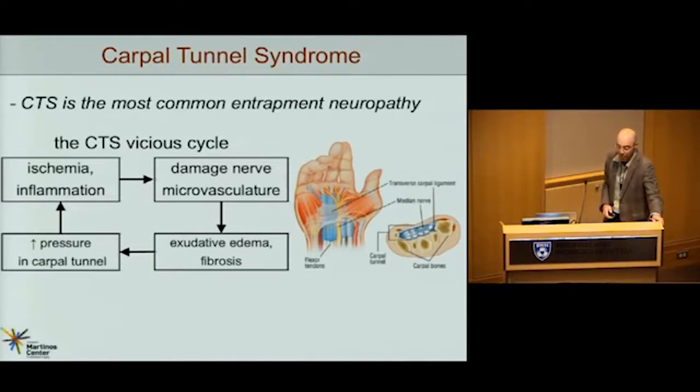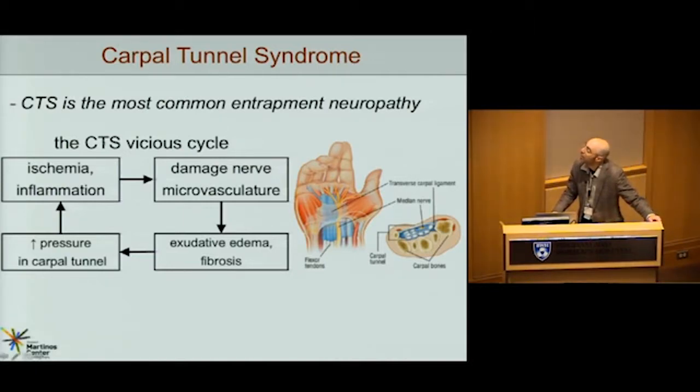So a little bit about carpal tunnel syndrome. Carpal tunnel syndrome is a neuropathic pain disorder. It's a very common entrapment neuropathy at the wrist. And there's a vicious cycle associated with carpal tunnel syndrome.